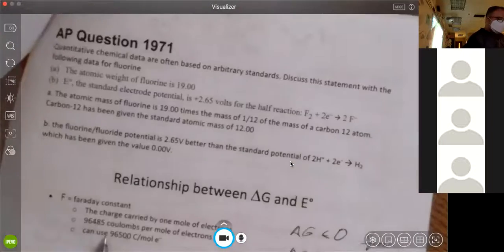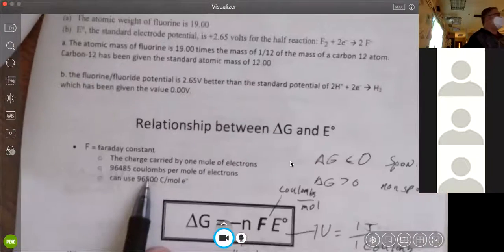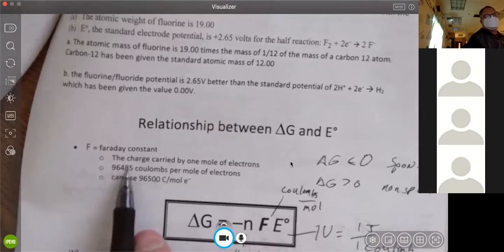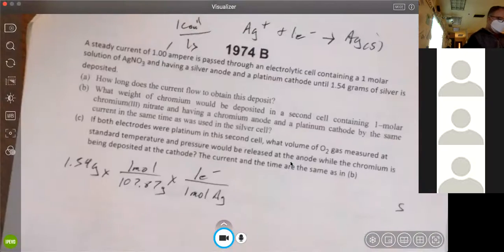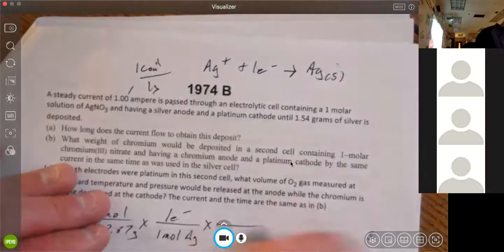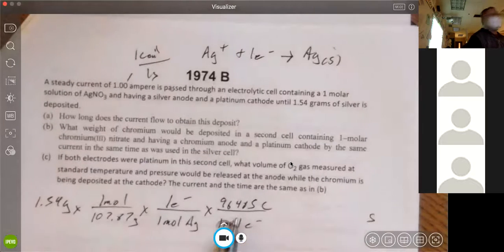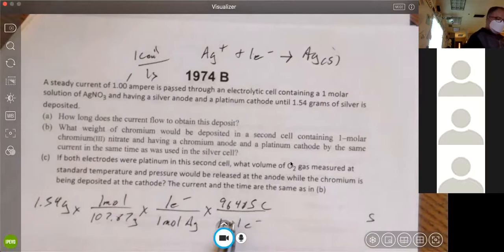Now, if we turn back here, the number of coulombs per mole of electrons is this, 96,485. And right there, that is on the data sheet.